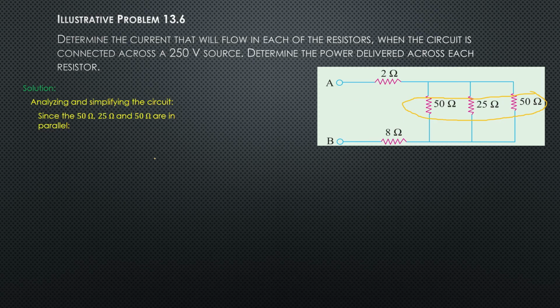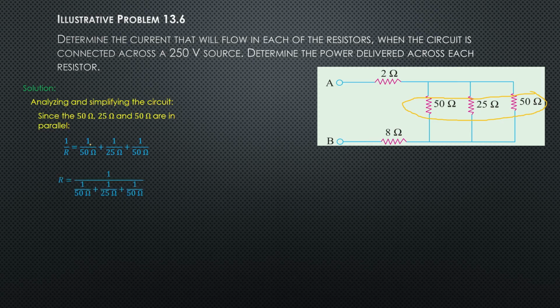using the formula, 1 over R will be equal to 1 over R1 plus 1 over R2 and so on. So recall that formula. Substituting the values, we'll have 1 over R equal to 1 over 50 ohm plus 1 over 25 ohms plus 1 over 50 ohms.